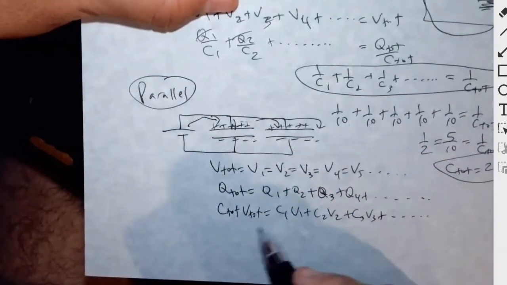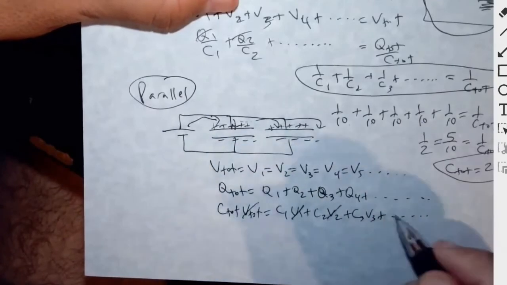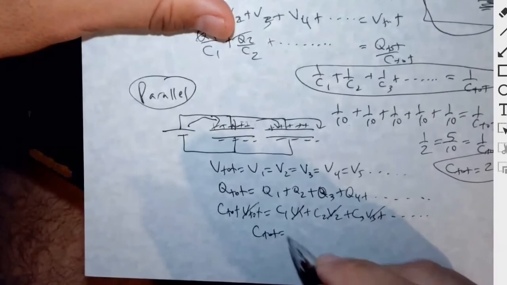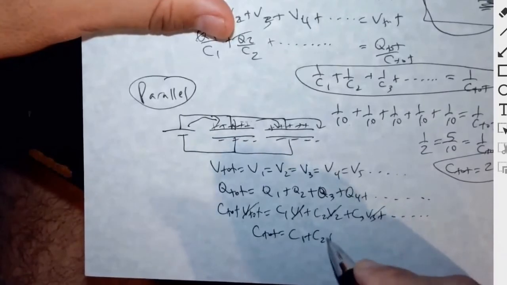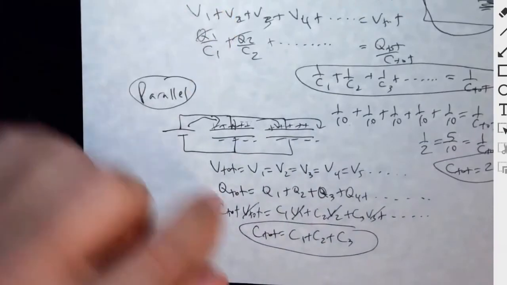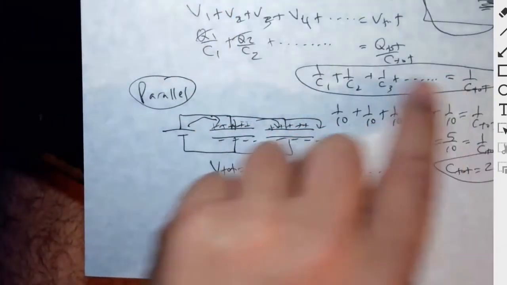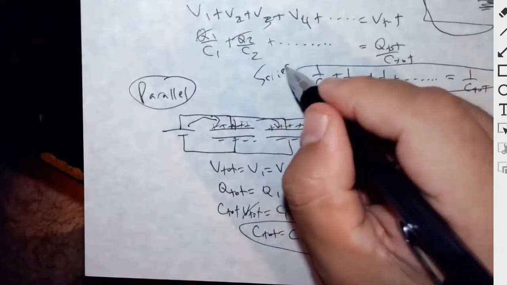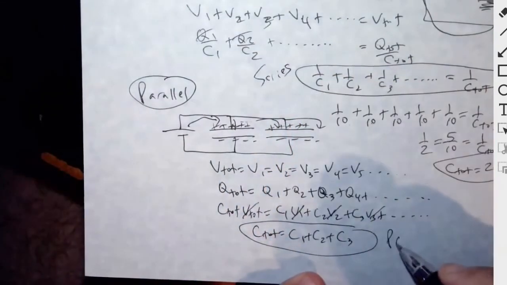And then I'm going to argue that the V's cancel. And then the capacitance, this was so much easier to derive than for thermal conductors. Series and parallel, that's it. This is series for capacitors, and this is parallel for capacitors.